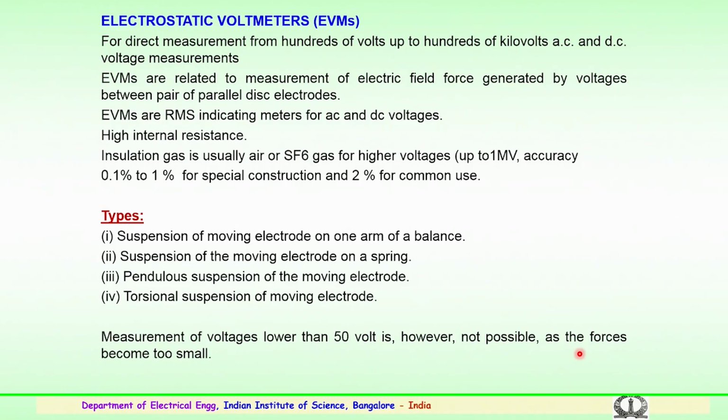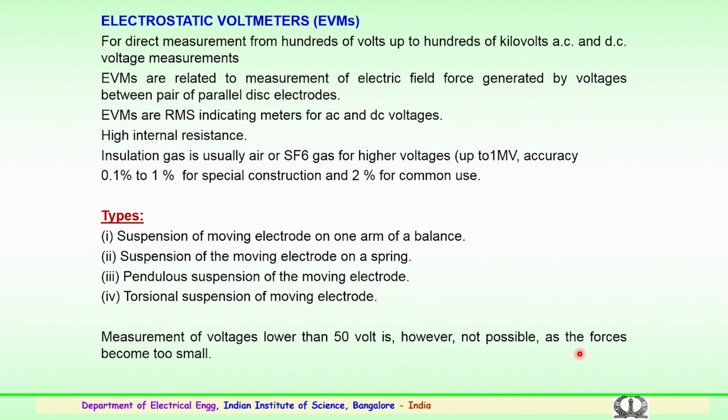In case of very high voltages, SF6 is normally employed up to 1 million volt, and the accuracy which could be obtained by using electrostatic voltmeters could be between 0.1% to 1% for a special construction, and in case of a normal construction 2% accuracy could be seen. So here there are 4 types of electrostatic voltmeters which are being used. One is a suspension or a moving electrode on one arm of a balance.